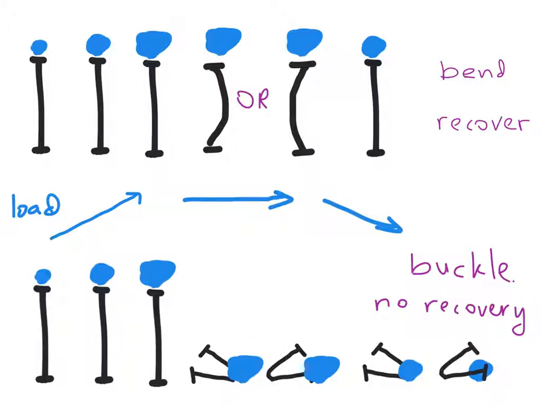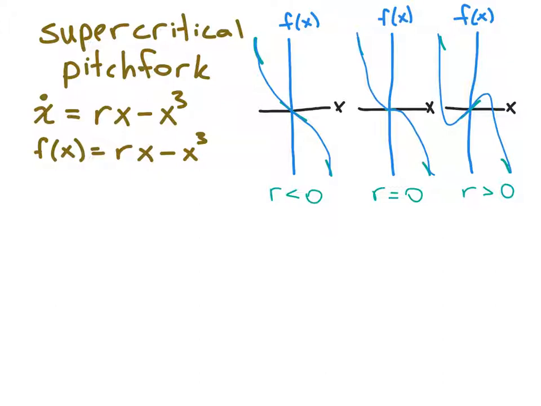In this case, you could think of that as the beam buckling, rather than the beam bending a little bit. And once the beam buckles, even if I reduce my parameter back to its original load, the beam doesn't easily recover.